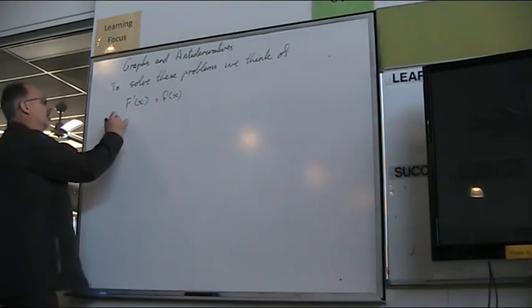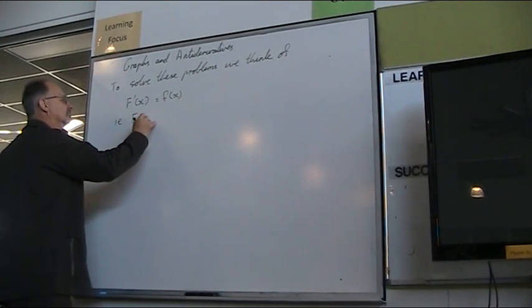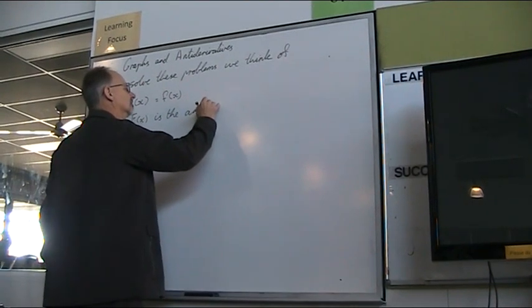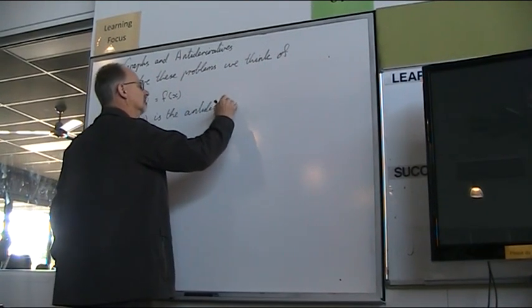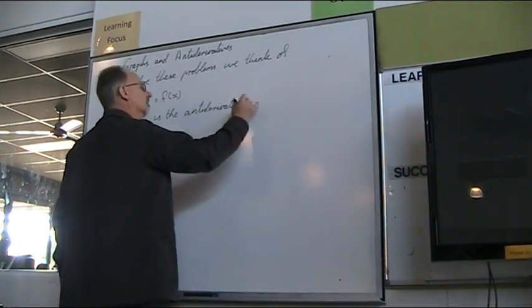So i.e. big F is the antiderivative of little f.